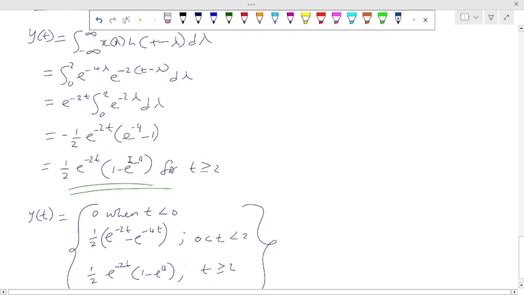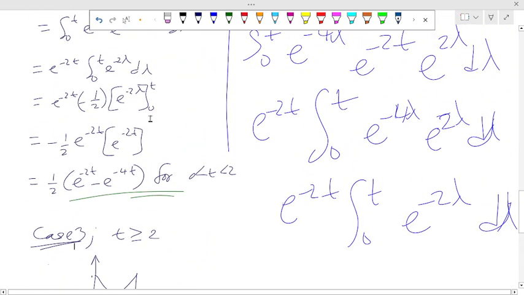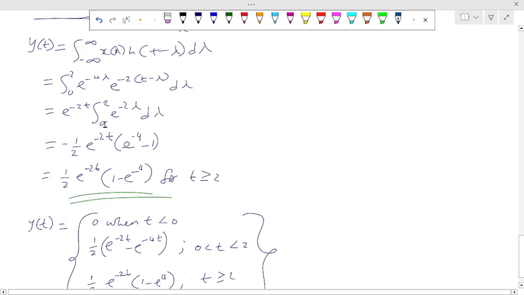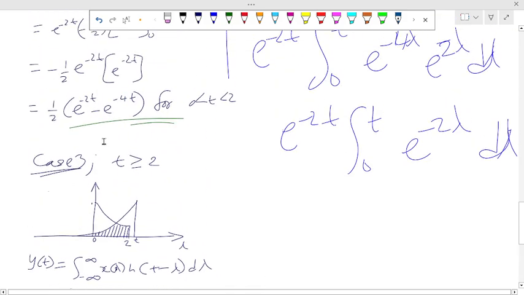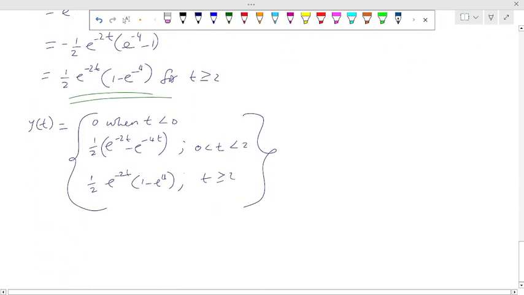So when we do that, we are going to have this expression. Just do the same simplification. In the second case, the limit is 0 to t, but this time it's not t, it's 0 to 2, so there's a value there. So here we say 0 when t is less than 0.